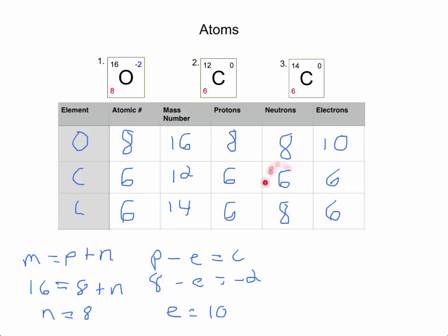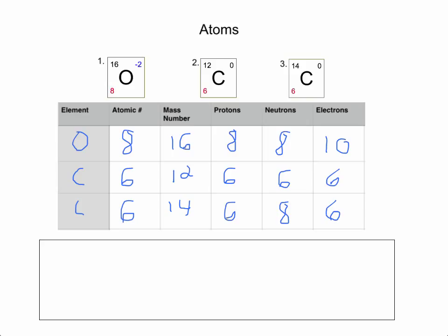In carbon-12, we have 6 neutrons. In carbon-14, we have 8 neutrons. You may be asking, well, how can you have different types of neutrons? They're the same type of atom. But remember what we talked about before, the neutrons do not affect the type of atom. They also have no charge. So you can have the same type of atom with different numbers of neutrons.